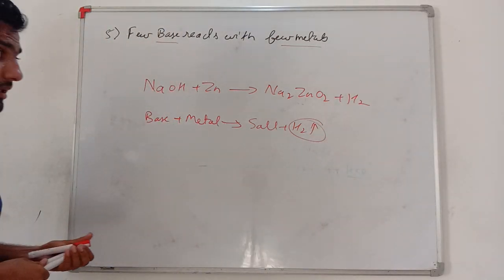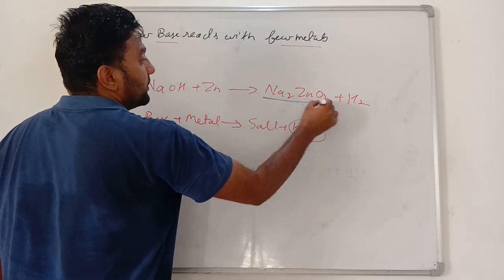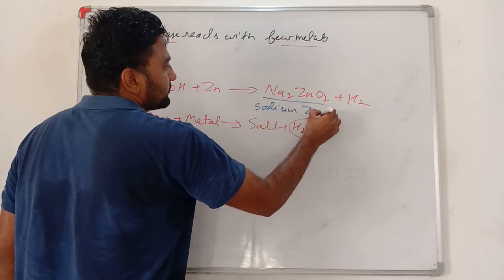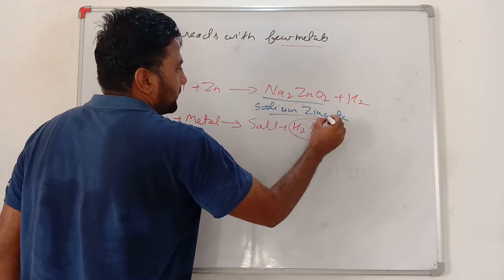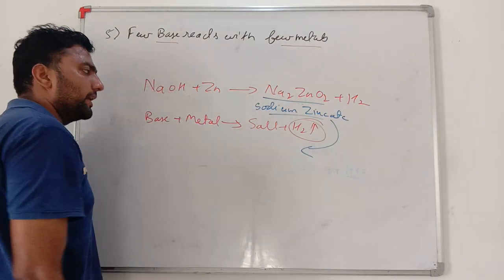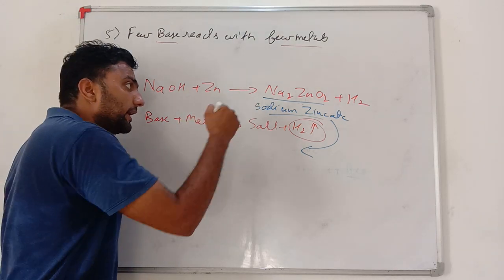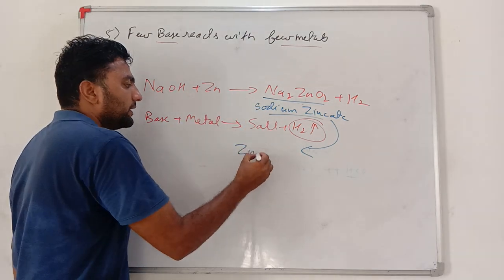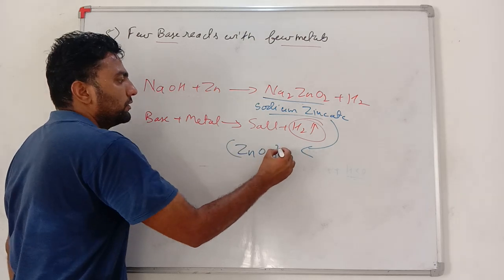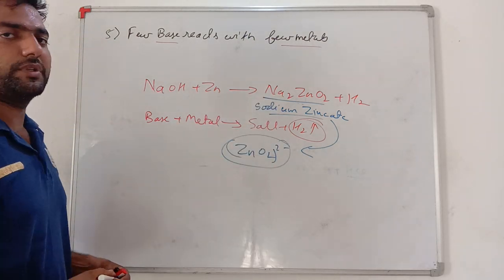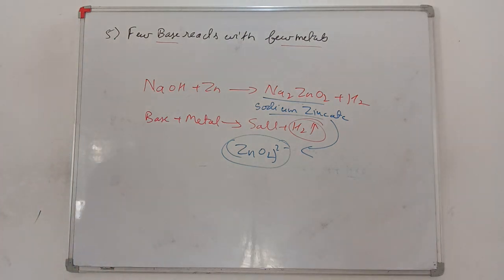This is sodium zincate. In sodium zincate, the metal is now present in a negative ion, not in the positive ion. That is the ZnO2 2 minus ion. And that H2 gas produces a pop sound if you want to check its presence.